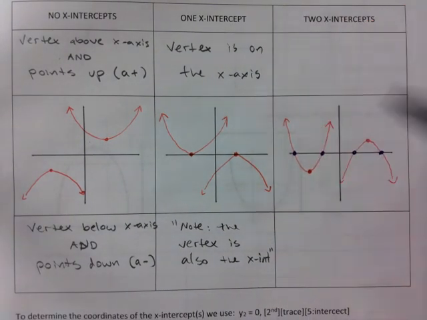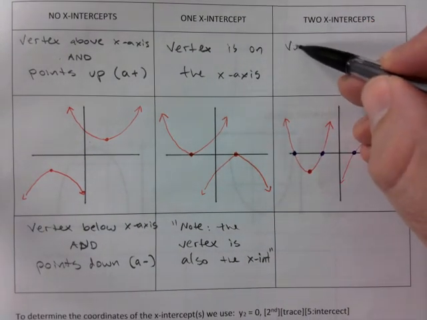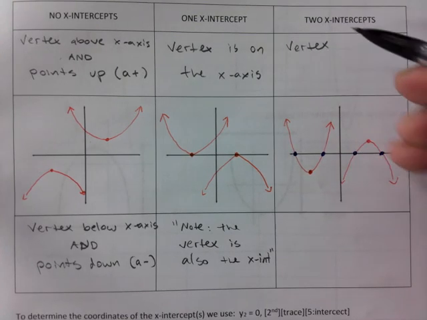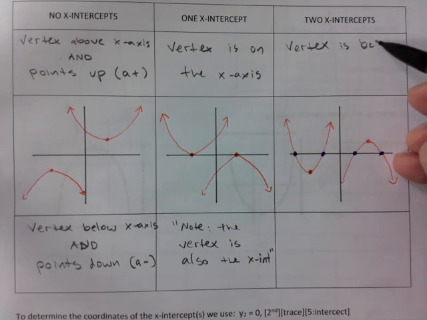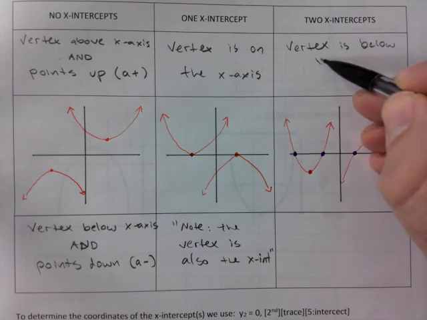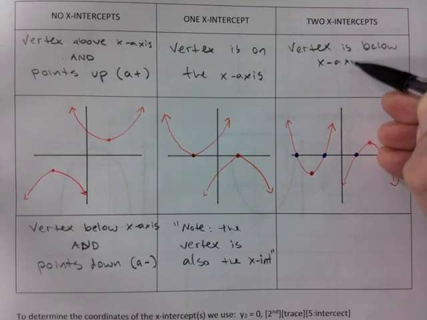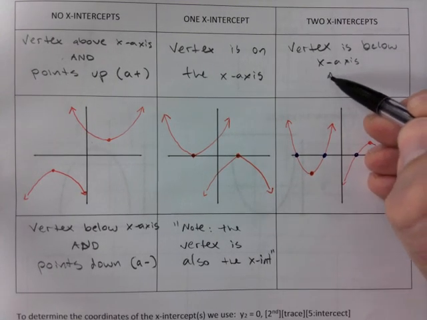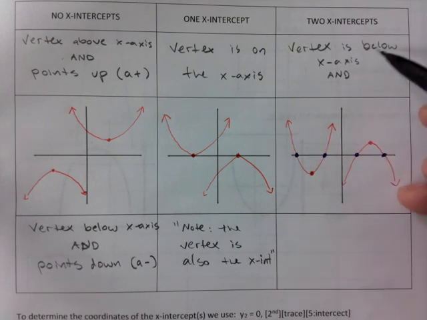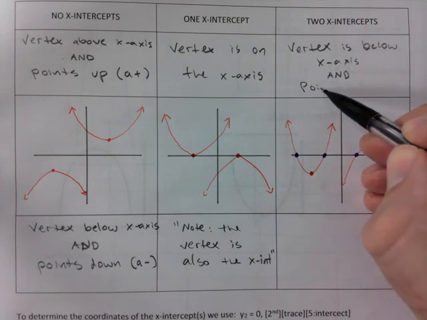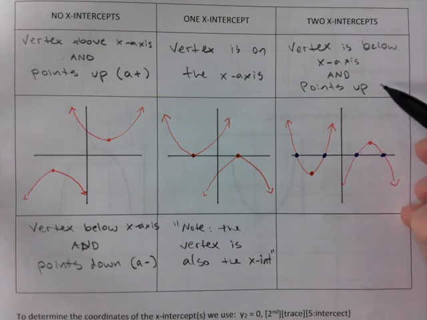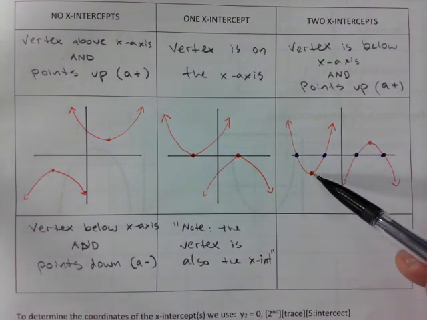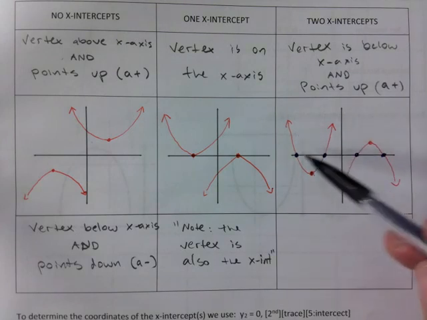And then you have this one where the vertex is below the x-axis, and if it's below, then it has to be pointing up. Right, so if the vertex is below and it points up, then you have two x-intercepts.